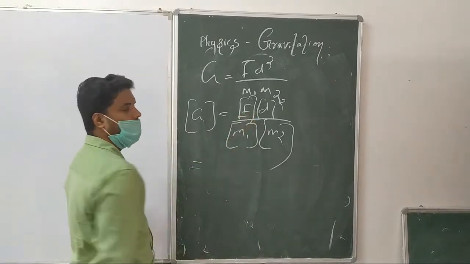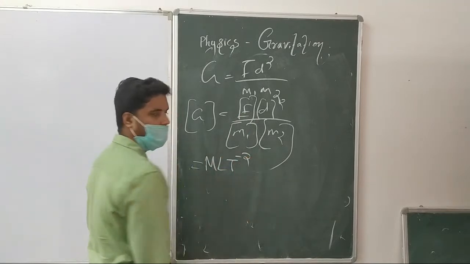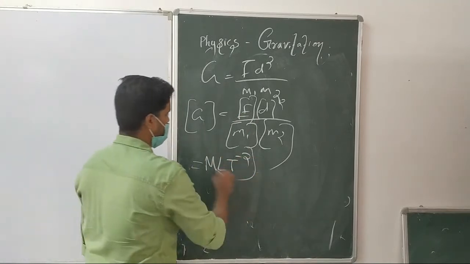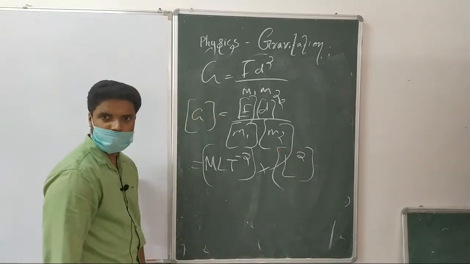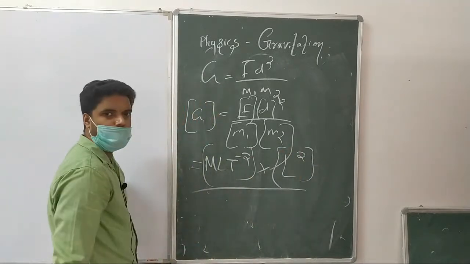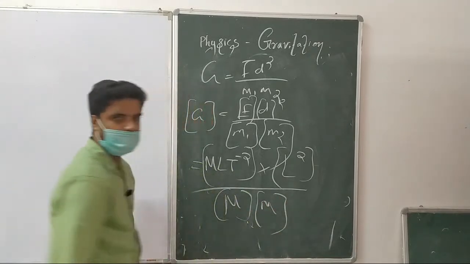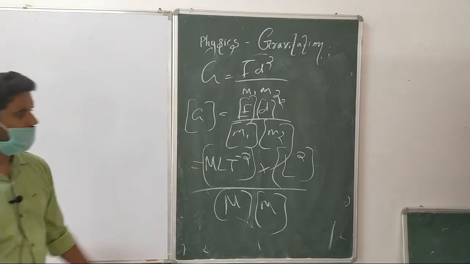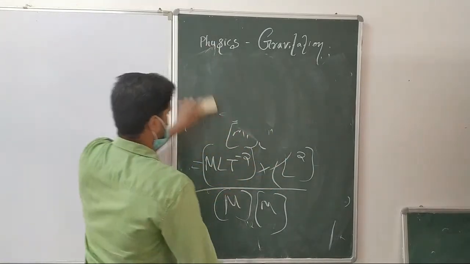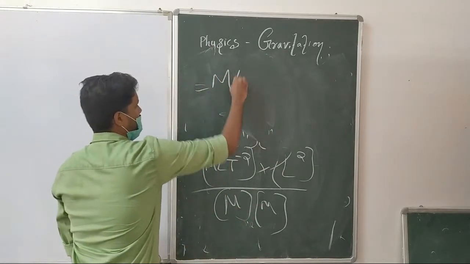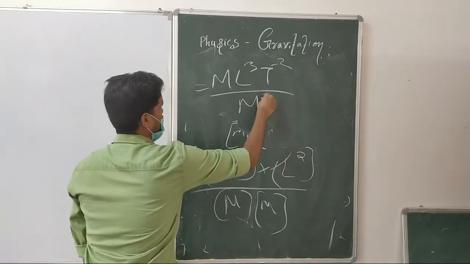Then what is the dimension for force? Mass into acceleration, which is M L T raised to minus 2. Into d square, which is L square, length, divided by m1, which is mass, the fundamental quantity, M into M. Correct? M L square, what will I get? It will give you M L cube T raised to minus 2 divided by M square.